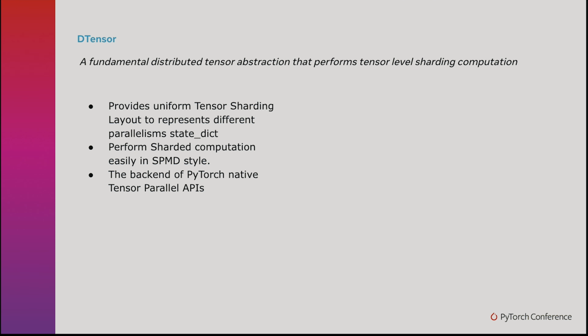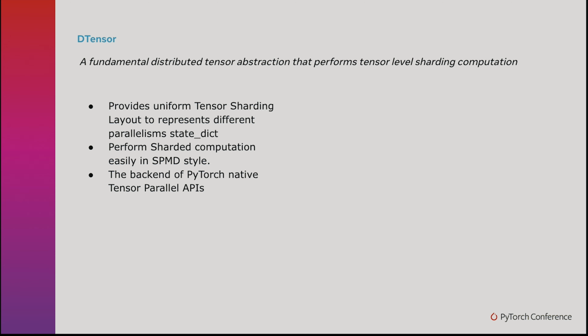And next, I want to get into DTensor a little bit more. DTensor is the backend powering our PyTorch native Tensor Parallel APIs. DTensor is our new fundamental abstraction that performs tensor-level sharding computations. So it brings a lot of composability advantages.